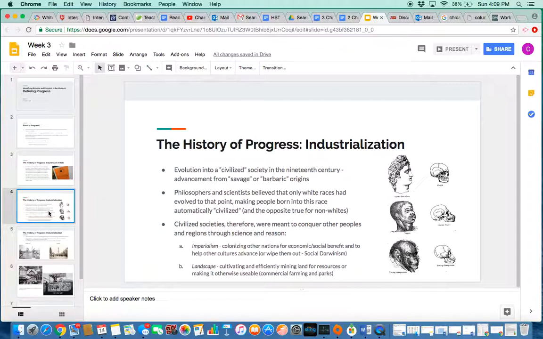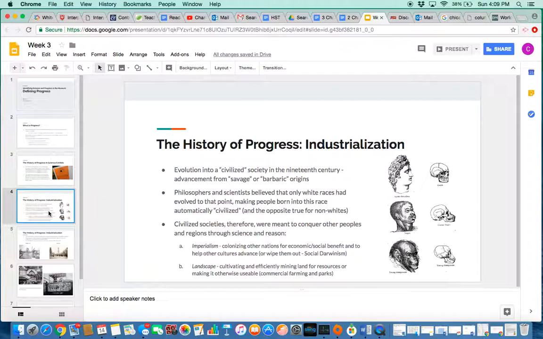Western societies had focused their efforts on advancing science and reason through educational systems or through economic advancement. And so using science and reason and being more civilized naturally by this point than other races, these sorts of beliefs justified actions taken by peoples of these groups.